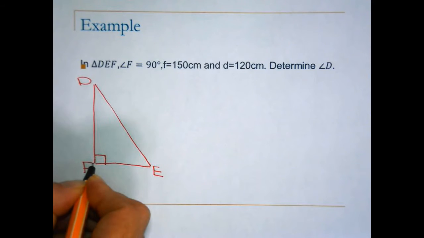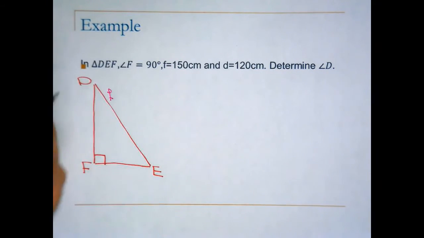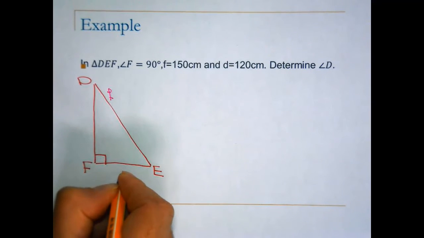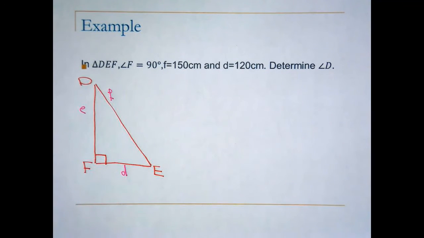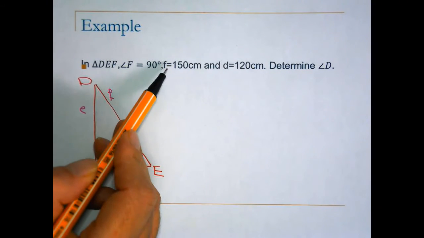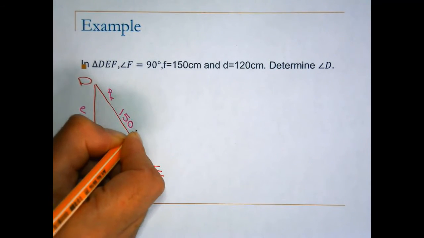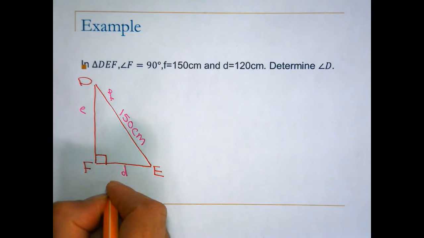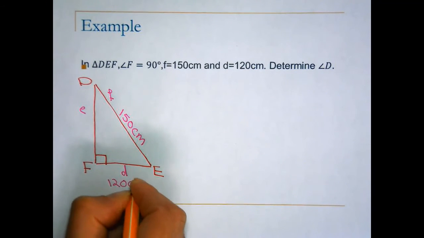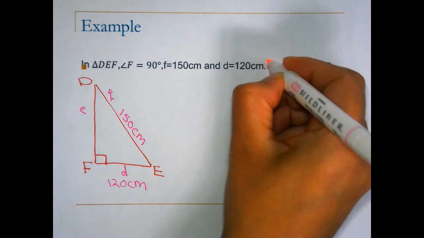This is angle F, so this is going to be side F. Angle D, so this is going to be side D, and angle E, so this is going to be side E. Now we know side F is 150, so this is 150 centimeters, and side D is 120, so this is 120 centimeters. And what we want to find is angle D.